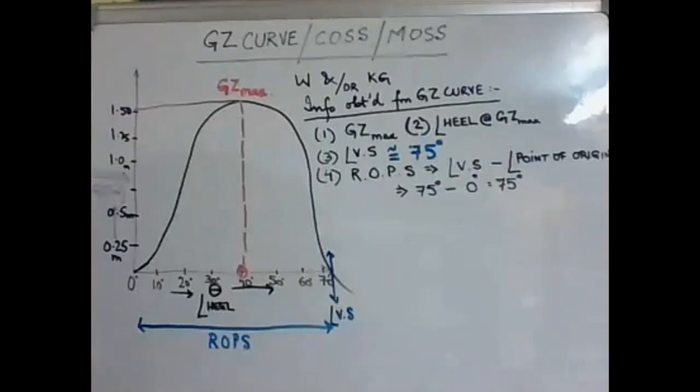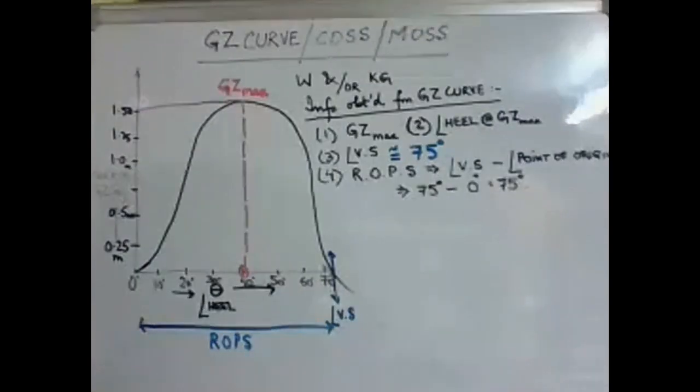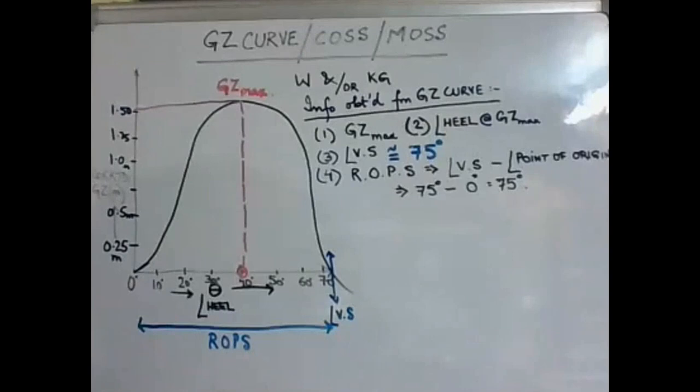Basically, this determines how much positive stability is left in me, because that will determine my ability to right back.